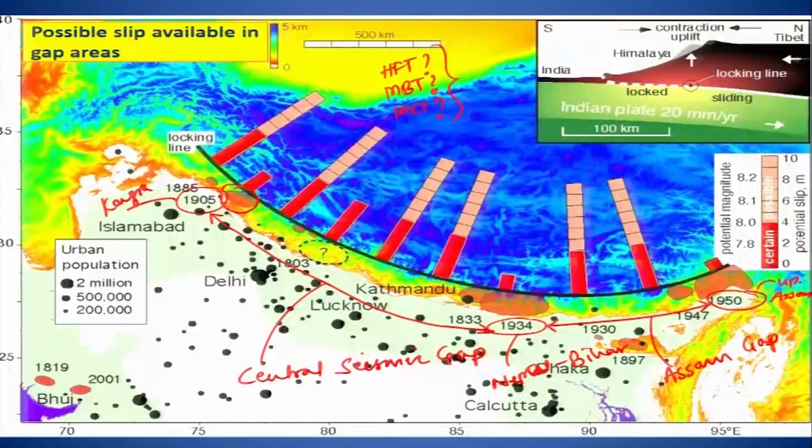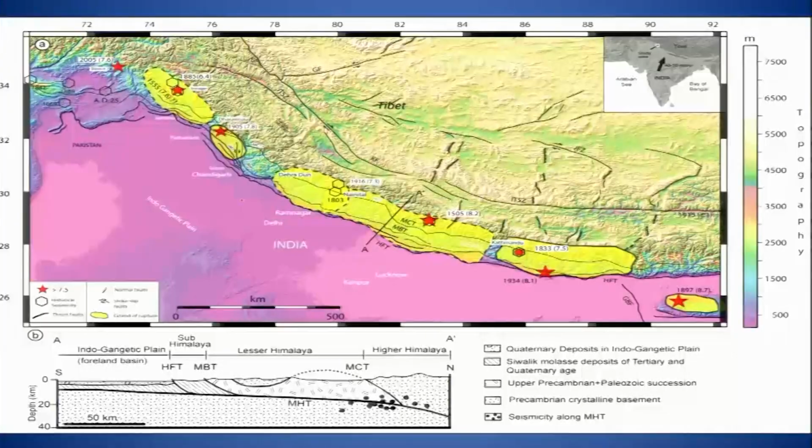Now, based on our research which we carried out in the Kangra region, it suggests that the 1905 Kangra earthquake was triggered on the hinterland side. It was not along the Himalayan frontal thrust.